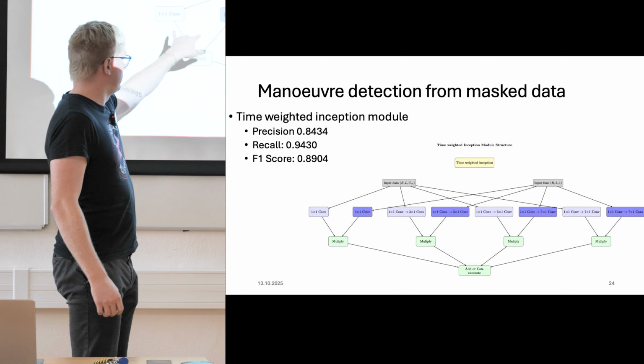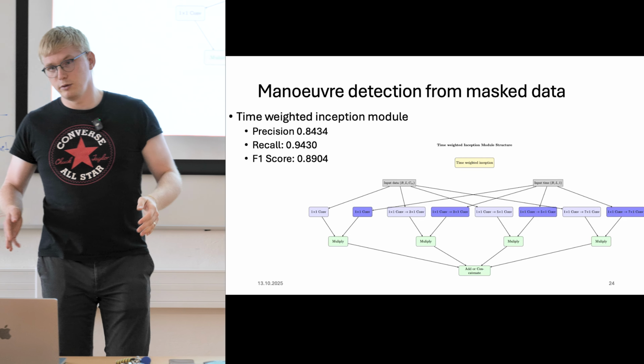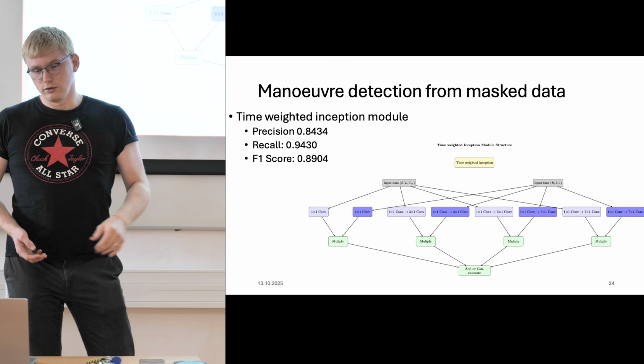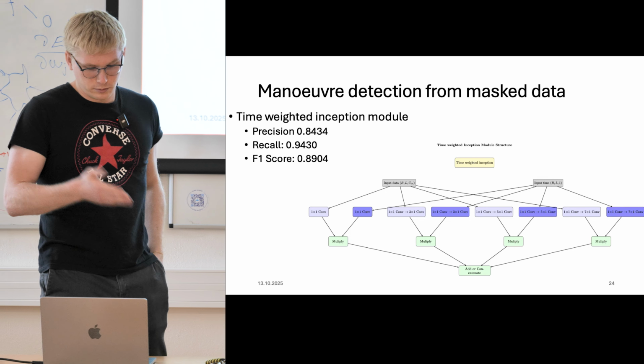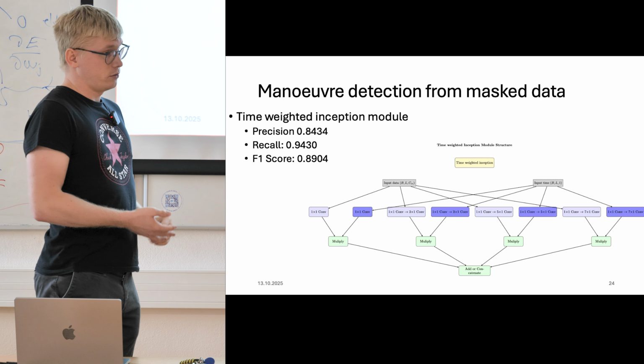We have a convolution of different kernels, so we get different resolutions, and then we concatenate or add. We can choose; I tried both of them, to get a result vector.